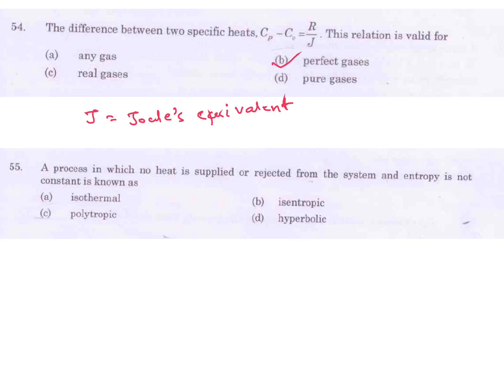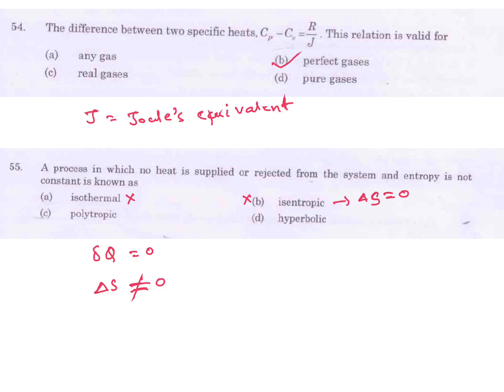A process in which no heat is supplied or rejected from the system and entropy is not constant is known as: no heat is supplied or rejected. So del Q equal to 0 and del S is not equal to 0. Isothermal process not possible. Isentropic process is del S is constant, del S is 0, entropy is constant, so B also not possible.